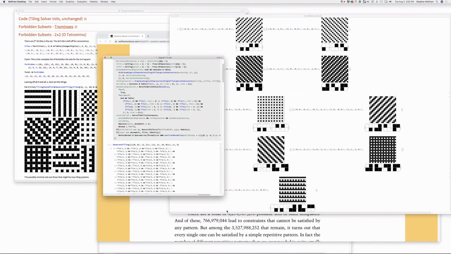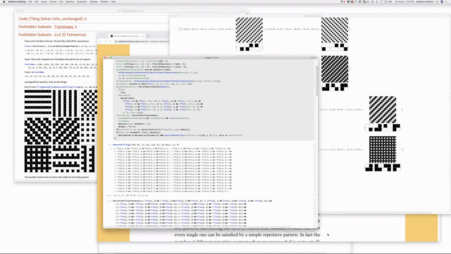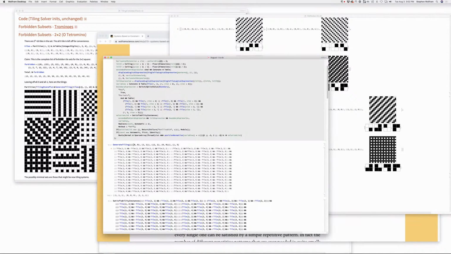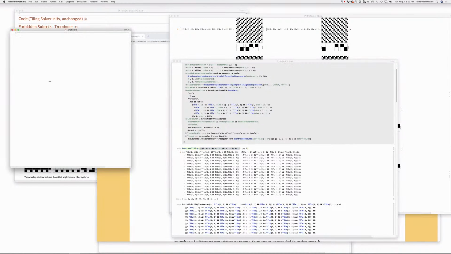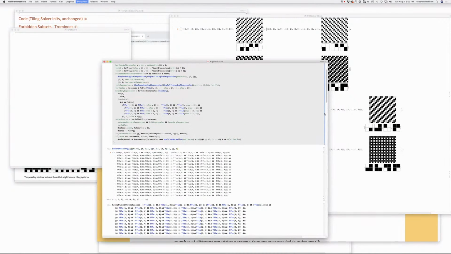Okay, so this is an example of a particular tiling. This is allowing 0011. So this tiling, just to understand what this is, oh, I need to evaluate this code.